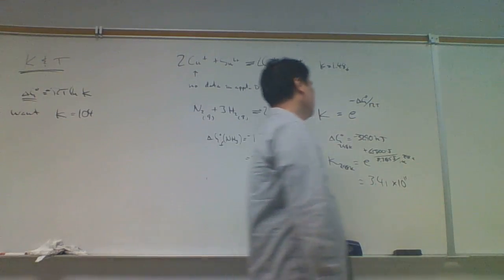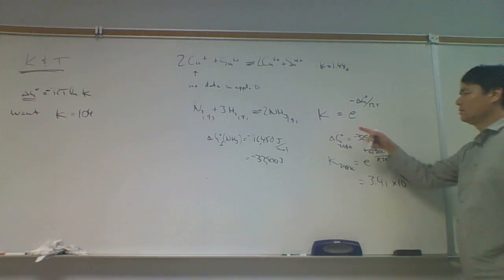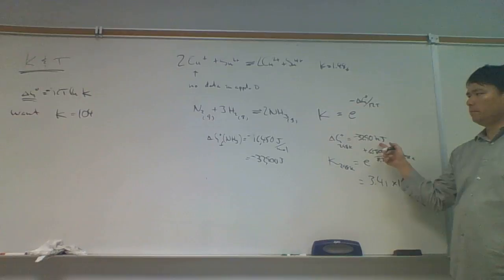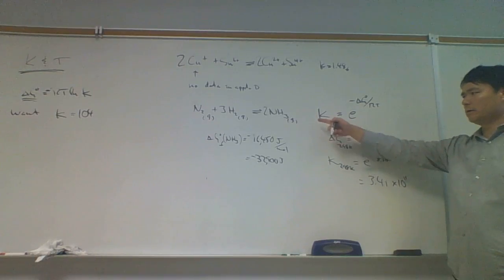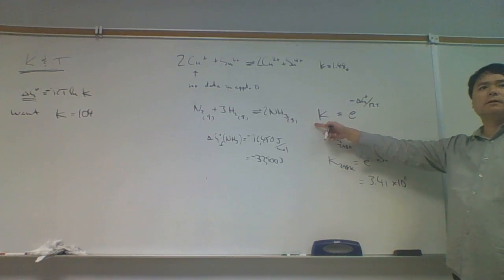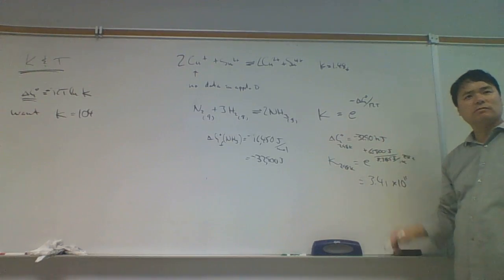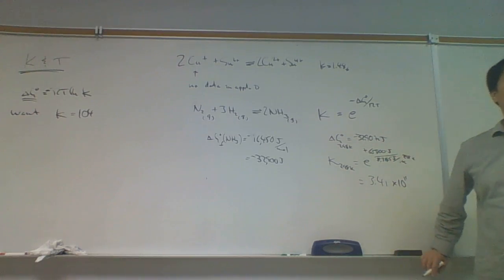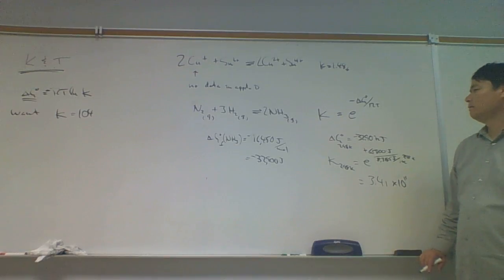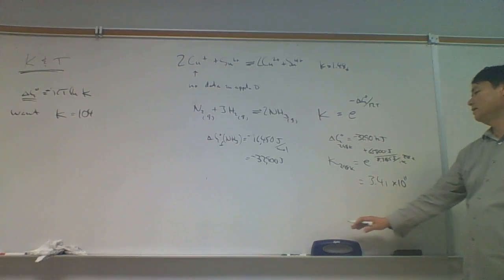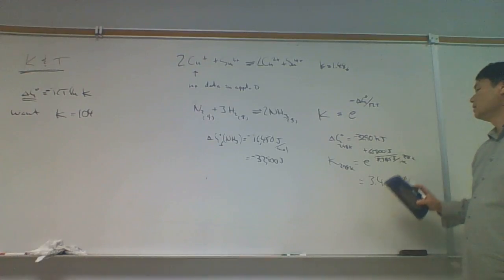I wrote the delta G naught not per mole, I wrote it per 2 moles. But I was just mistaken because I was thinking this is formation, and the definition of formation is per 1 mole. And so if I had two moles, it was going to be twice as much energy, so I automatically doubled it. But I doubled it and then I doubled it again, which is wrong. And so this is wrong.